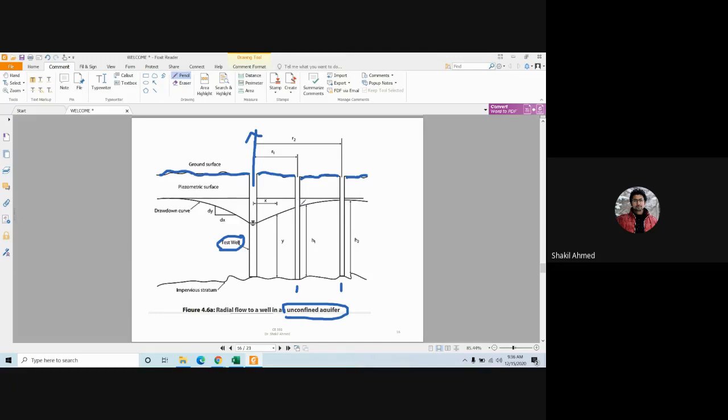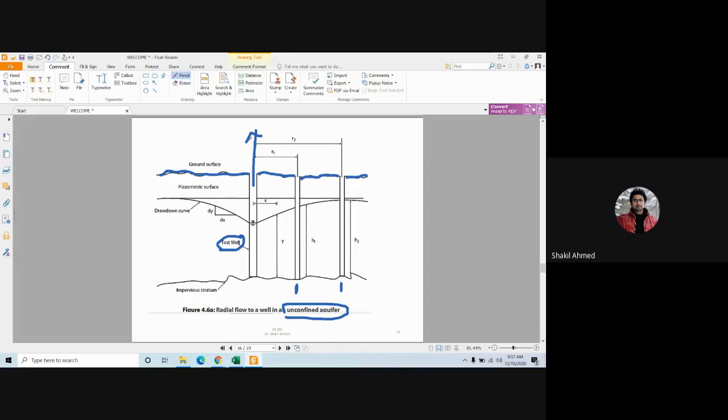They are not extracting the water. They are like just piezometers. Clear? Only this test well is extracting the water. These two wells are just observation wells, which means they are used to observe the water level. They are not directly extracting the water.